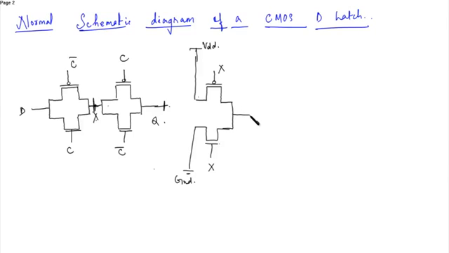From here again another inverter was placed. Let's say the output was Y over here, so the input of the next inverter would be Y. This is connected to VDD, this is connected to ground.